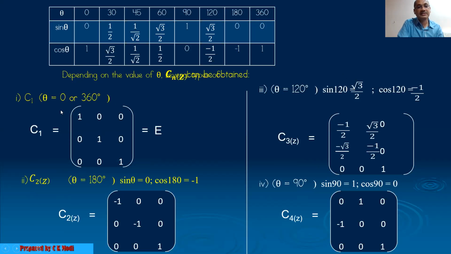So for the C1 matrix, with theta equal to 0 or 360, the value is 1, 0, 0; 0, 1, 0; 0, 0, 1. That is nothing but the E matrix.